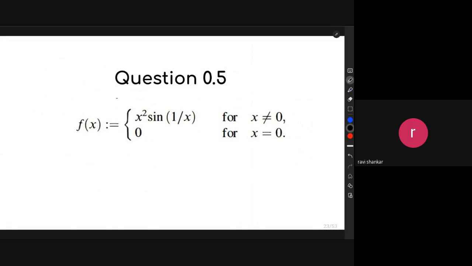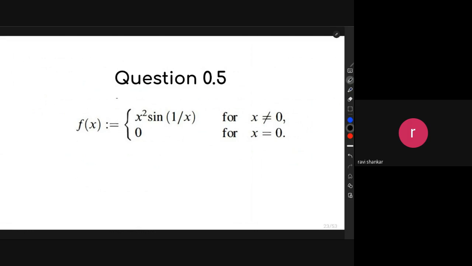Question point 5. In question point 5, you have f of x, which is given to be x square times sine 1 over x for x being non-zero, and 0 when x is equal to 0.